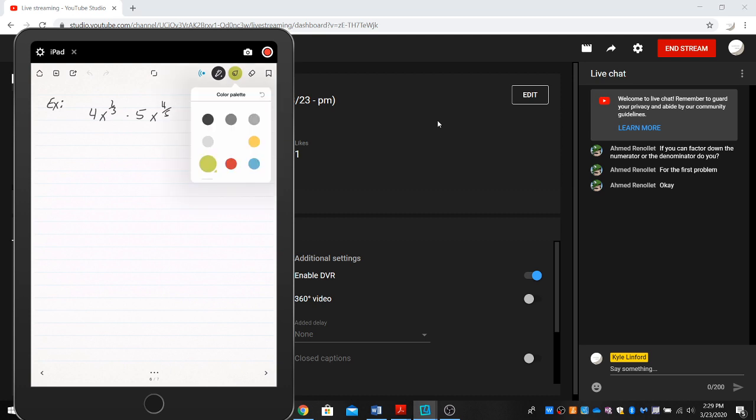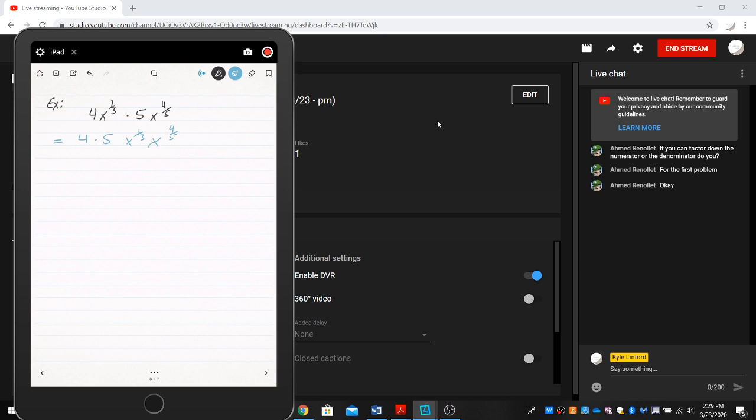This is going to use a couple of the rules of exponents that we need to remember. One is the multiplication of like bases. Right away, we can reorder this multiplication so that we're multiplying the numbers and the variables together.